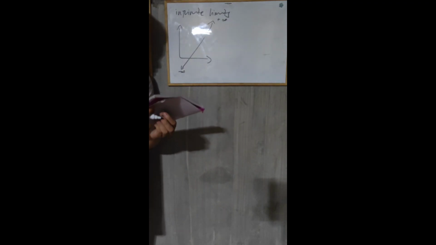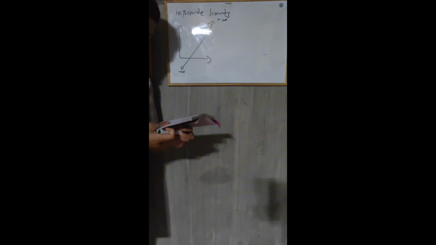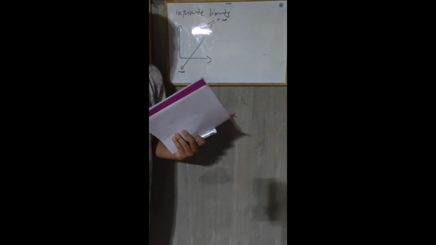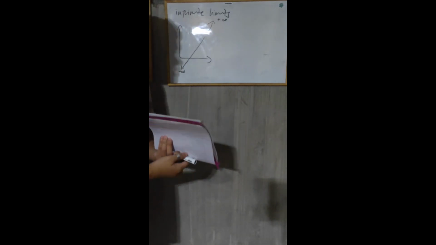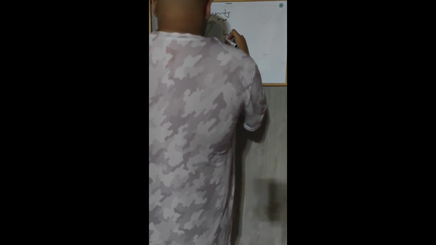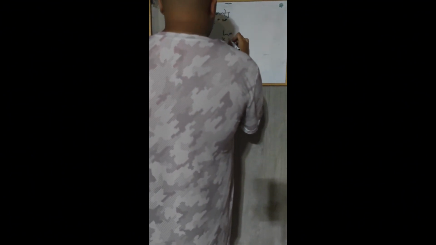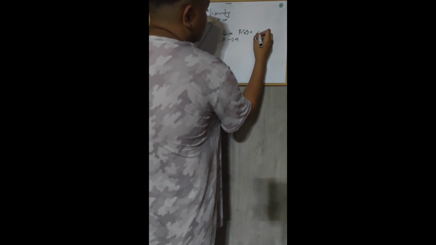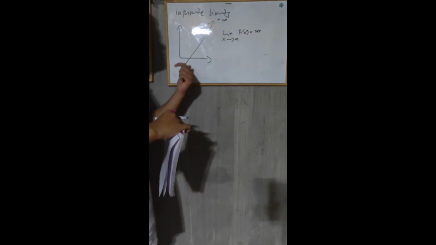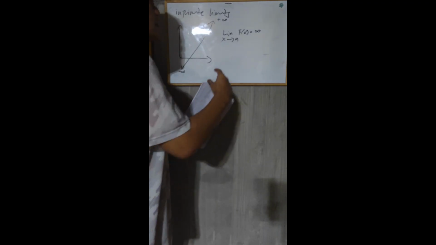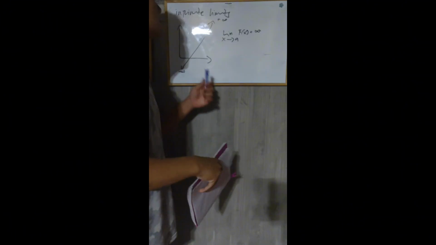How does that work in limits? We say that the limit is infinite. Technically, it doesn't exist, but we can still specify it if we write something like the limit as x approaches a of f of x is equal to infinity, depending on whether you're taking it from the negative or the positive side. You can technically write this or anything similar, and then you'll pretty much have that.